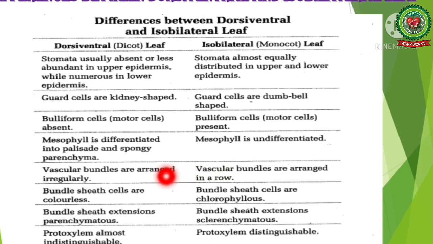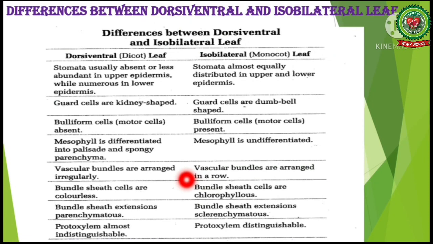In dicots, bundle sheath cells are colorless, whereas in monocots, bundle sheath cells are chlorophyllous, meaning they contain chlorophyll. Bundle sheath extensions are parenchymatous in the dorsiventral leaf, whereas in the monocot leaf, bundle sheath extensions are sclerenchymatous. Protoxylem is almost indistinguishable in a dicot leaf, but it is distinguishable in a monocot leaf.